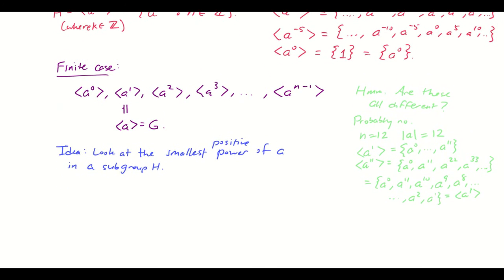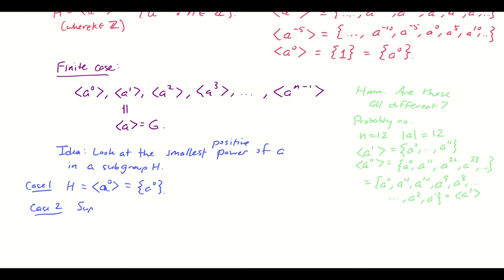Now, first of all, it's possible that there is no positive power in the subgroup H. It could be that H is just the subgroup consisting of A to the 0, in which case there is no positive power. So that's case 1 right there. But case 2 is that I actually do have a positive power, which means I will have, by well ordering, a smallest positive power.